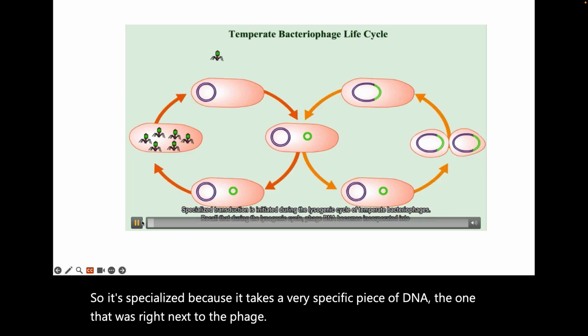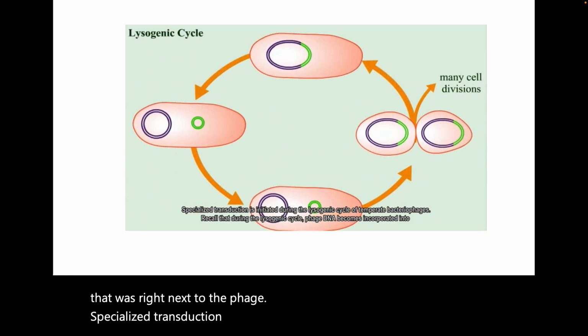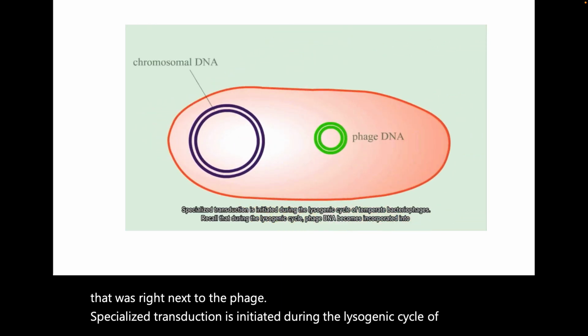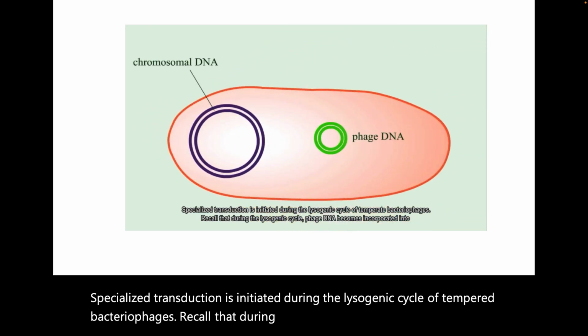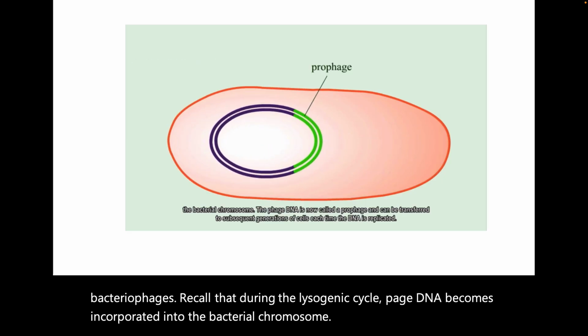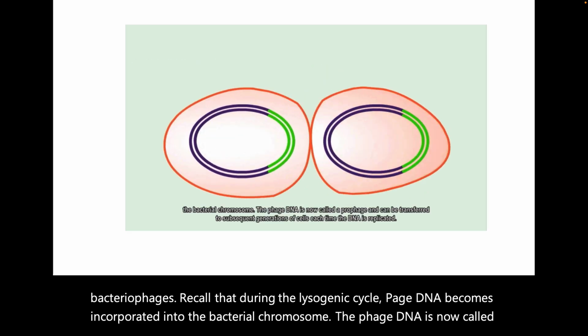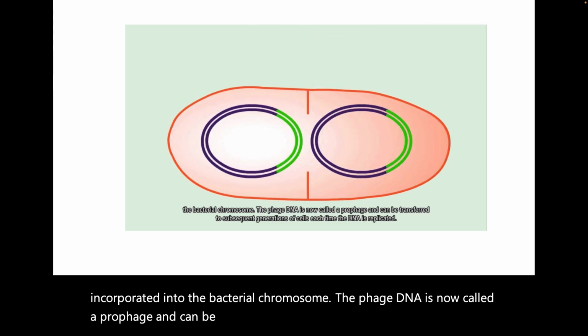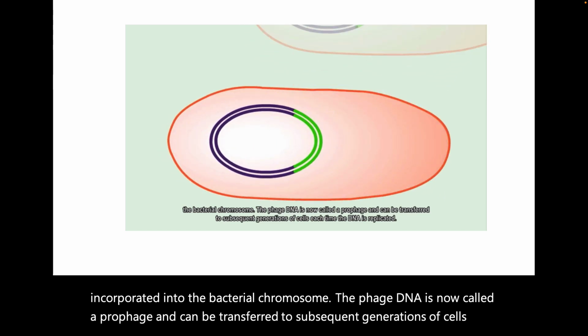Specialized transduction is initiated during the lysogenic cycle of temperate bacteriophages. Recall that during the lysogenic cycle, phage DNA becomes incorporated into the bacterial chromosome. The phage DNA is now called a prophage and can be transferred to subsequent generations of cells each time the DNA is replicated.